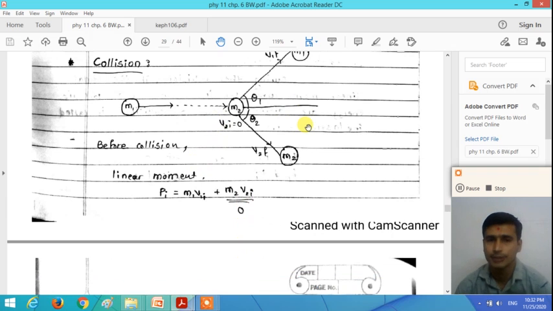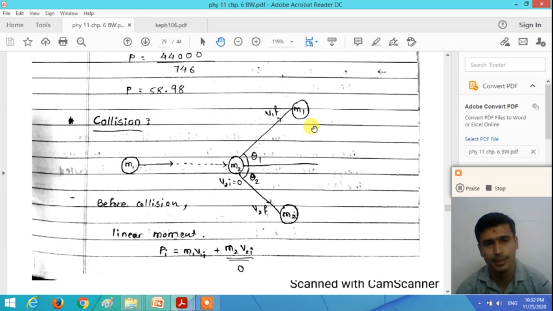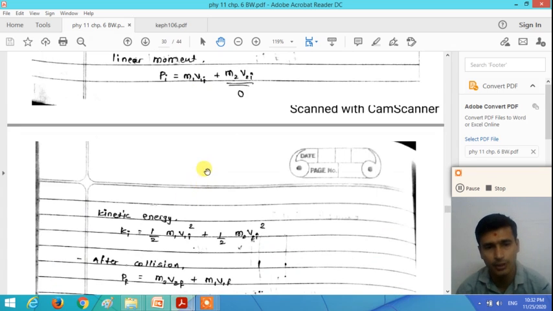Similarly, we can calculate the kinetic energy. The kinetic energy before the collision ki is equal to 1 half m1 v1I square plus 1 half m2 v2I square. I is for initial.